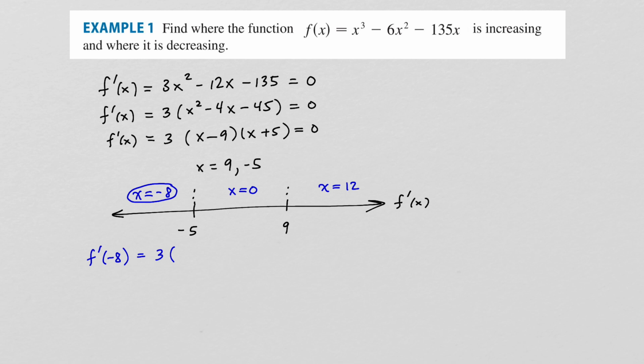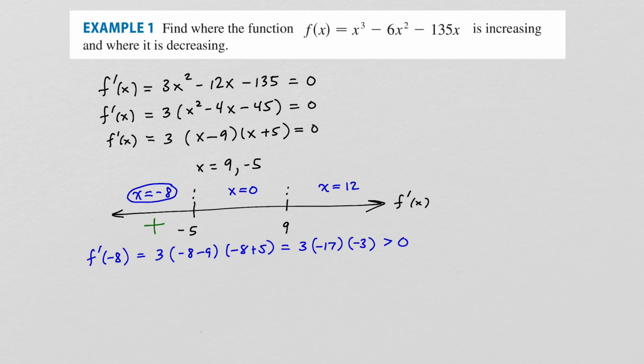Well, if you plug negative 8 into your derivative, you get 3 times negative 17 times negative 3. And we know this number is positive because a negative times a negative is always a positive. So on this interval, the derivative is clearly positive.